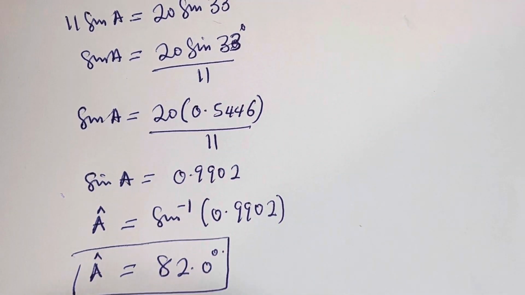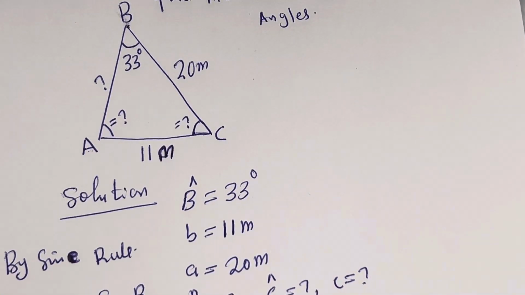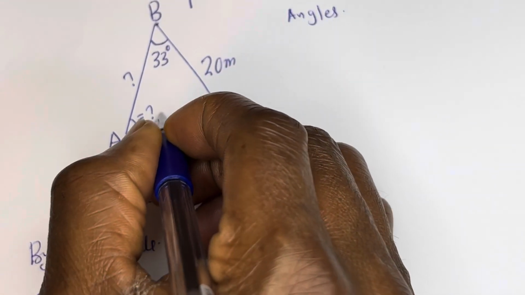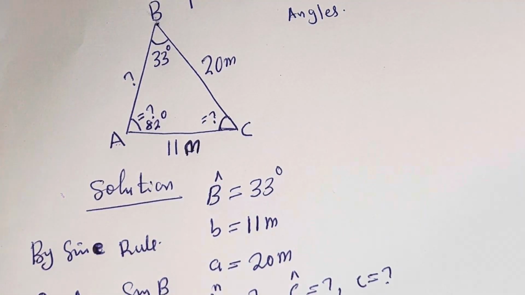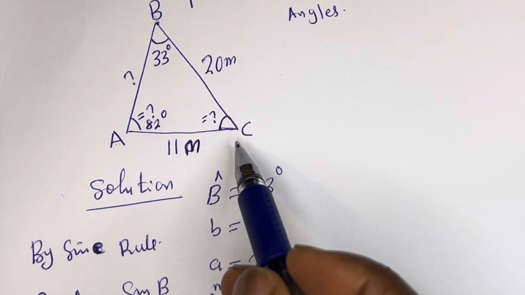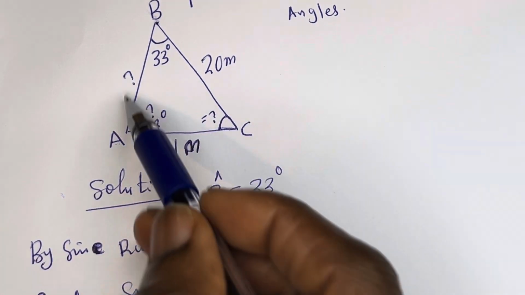We've got the value of angle A here, which is 82 degrees. Then here we need to get the value of angle C in order to find the value of side C here.